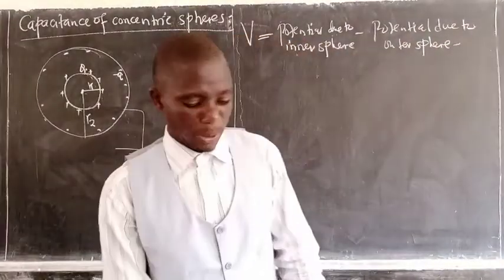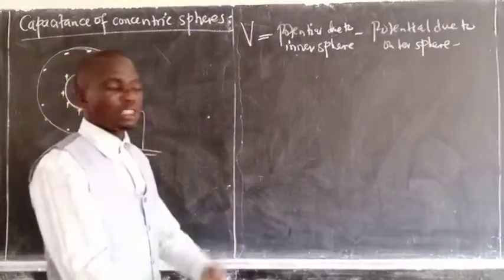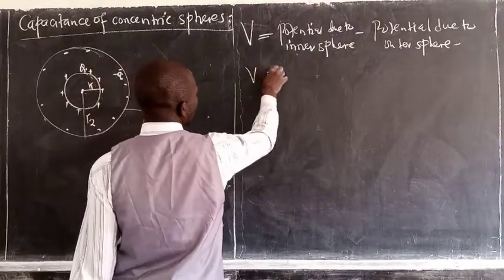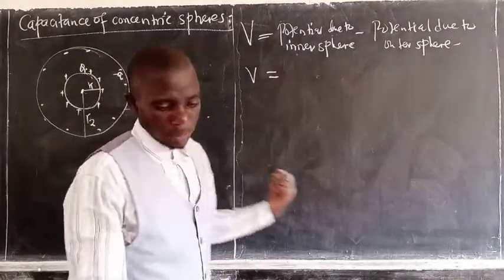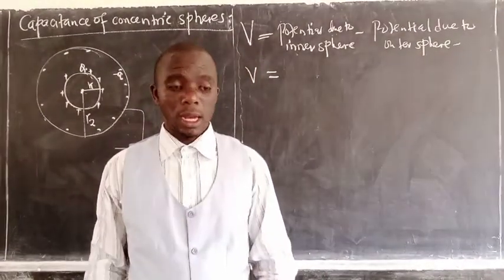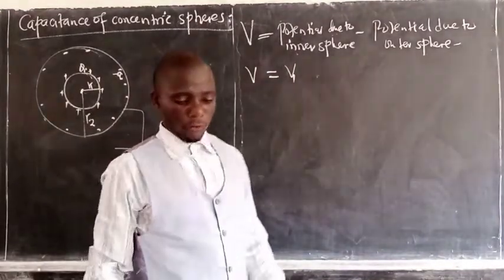That will be the potential of the whole arrangement. But the potential of the outer sphere is zero since it is Earth. Therefore, this will be equal to the potential due to the inner sphere, which we can call V1.